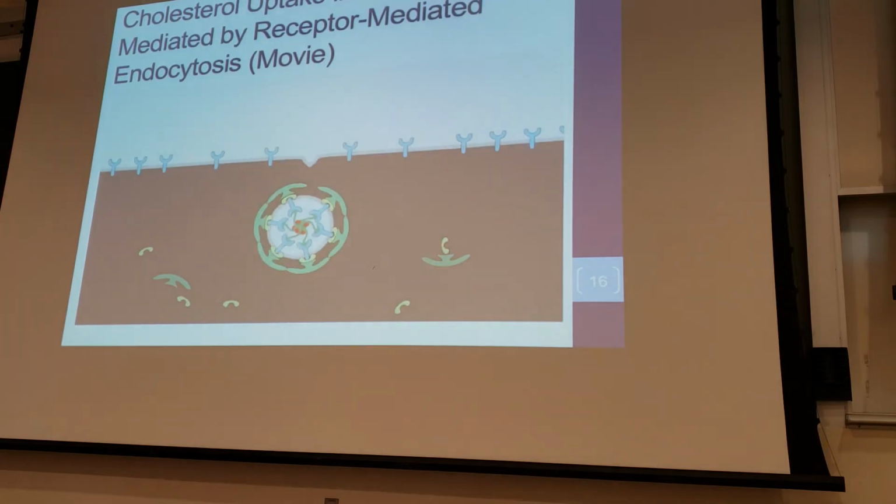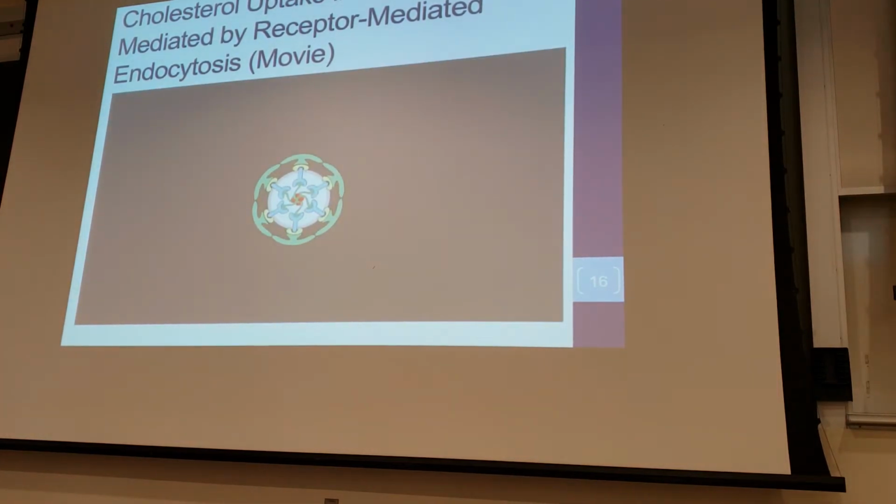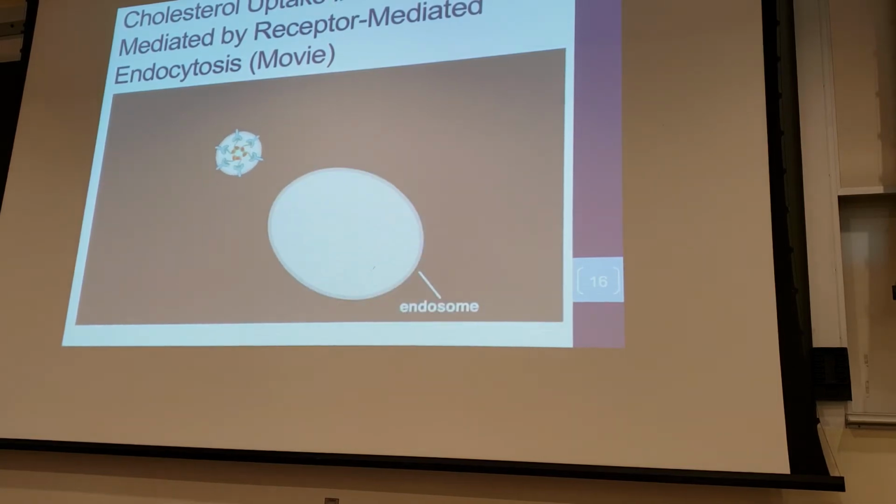Now we have a nice little vesicle that can go into the cell. Here again, we make use of the low pH to disrupt the interaction between the apolipoprotein and its receptor. The receptor is sent back up.